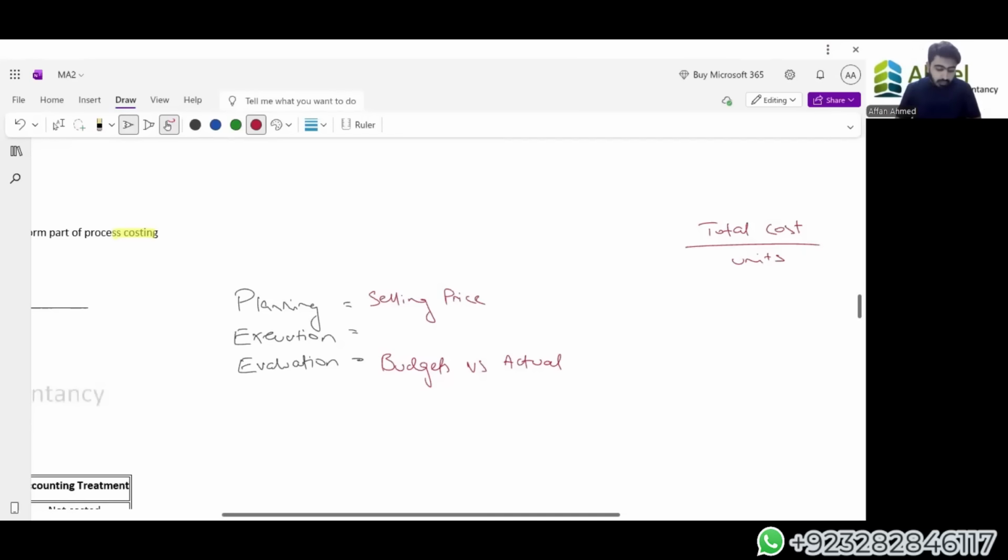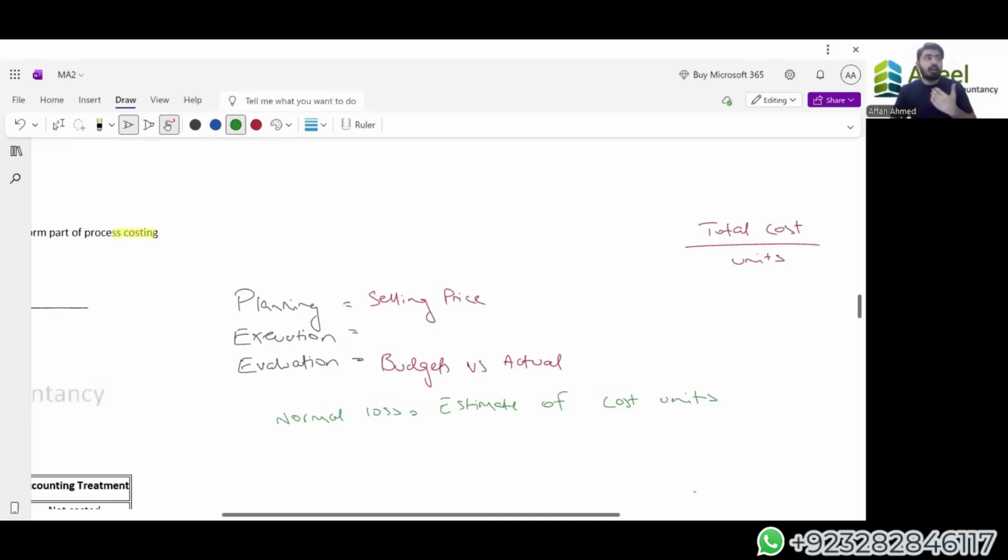I'm writing this down for you: normal loss is an estimate of lost units.